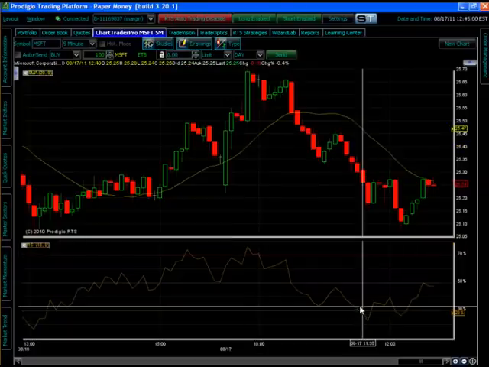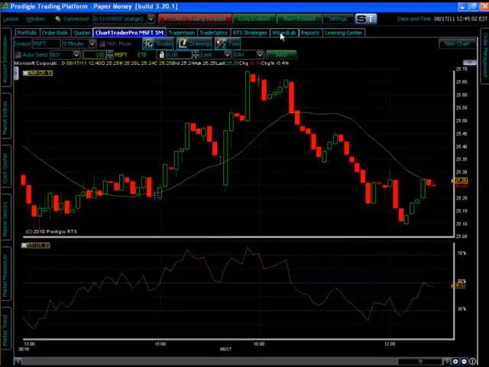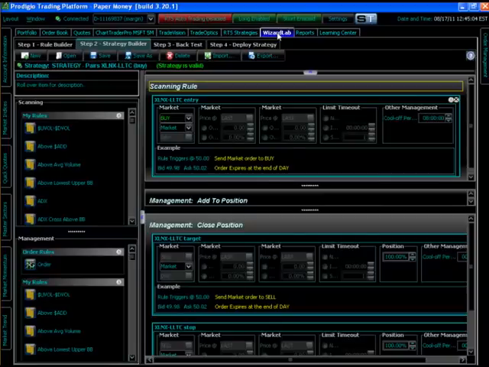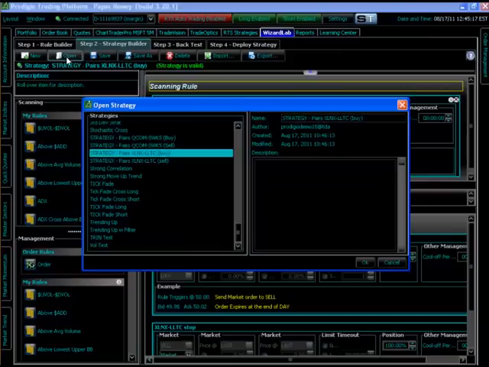The opposite of crossing below 30 is crossing above 30. And so in order to represent a strategy that does one thing when it crosses below 70 and another thing when it crosses above 30, you need two different strategies. That's why pairs trading has two different strategies. And when you import these strategies, you'll notice there's a buy strategy and a sell strategy.